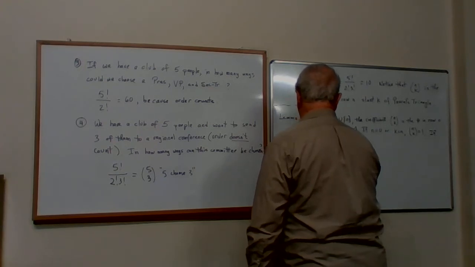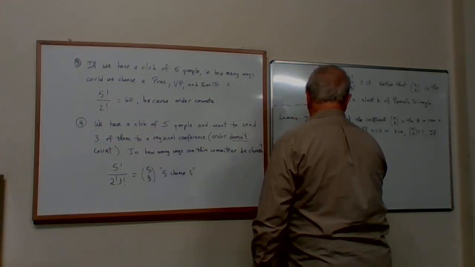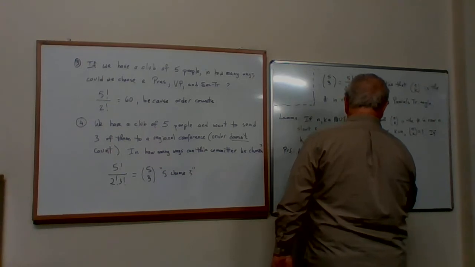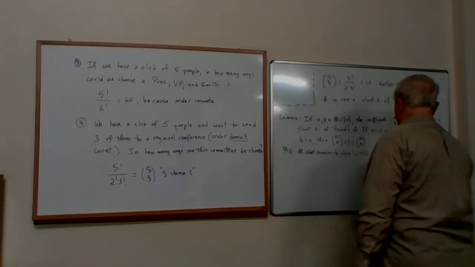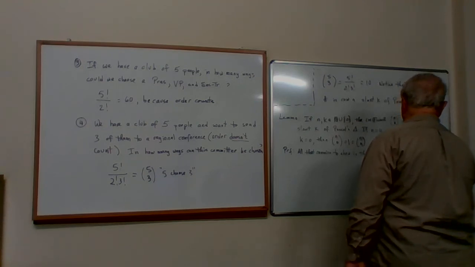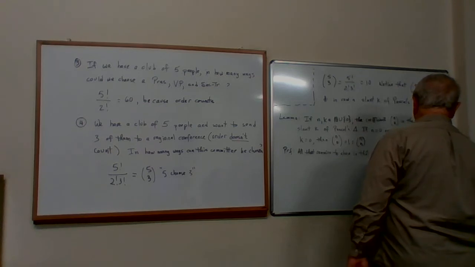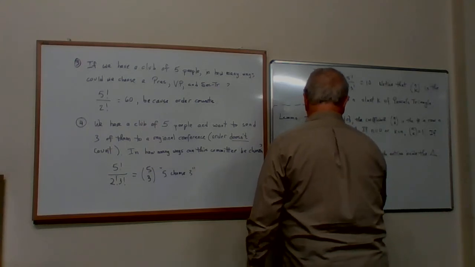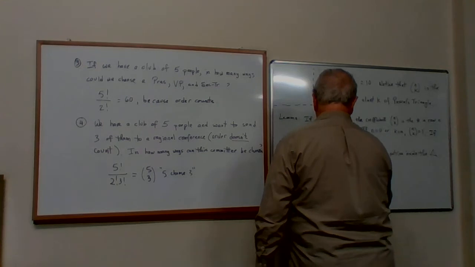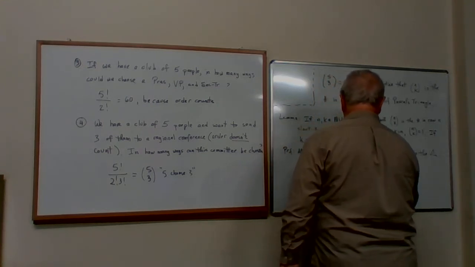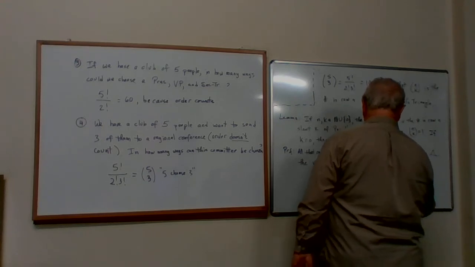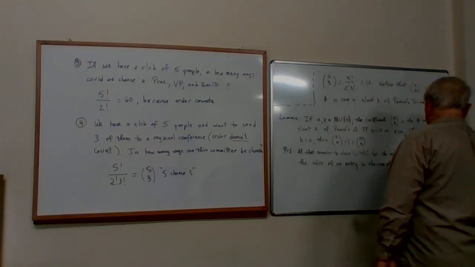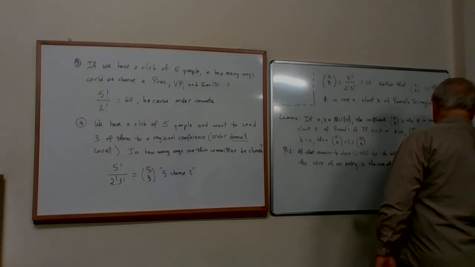So proof. All that remains to show is that for the interior of the triangle, the value of an entry is the sum of the two entries above it.